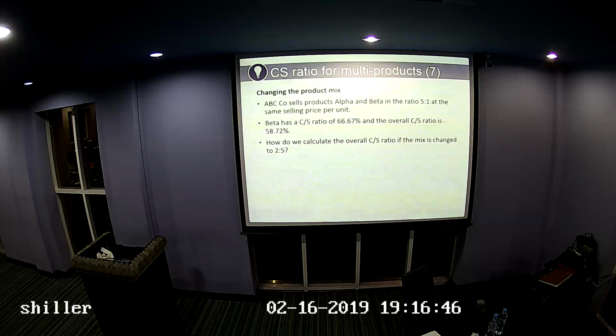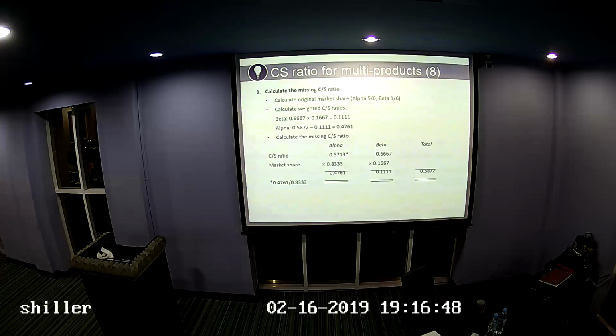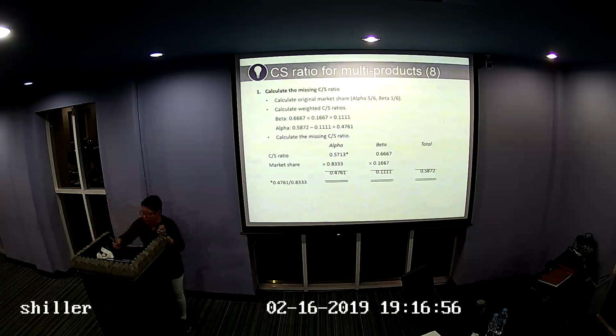Market share is 5:6, 1:6, correct? Yeah. So, what you need to do is, since you have the information of beta, look at this one here. Look at the table. Because accountants, they understand better if it's in table format. If you change it they get lost, isn't it? Welcome to being an accountant.